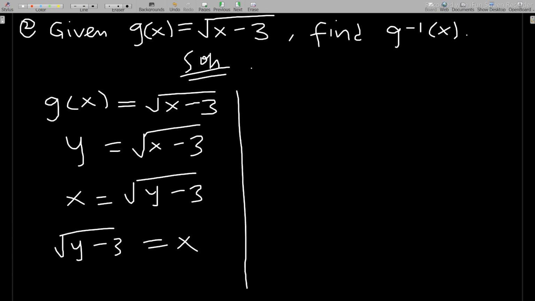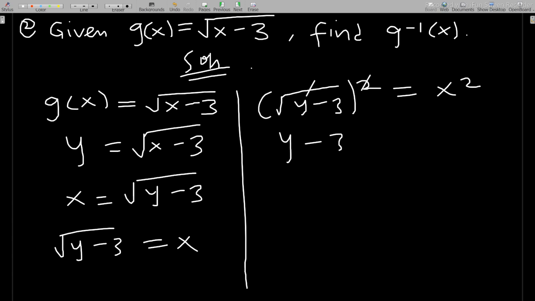All that I have to do to make y the subject is square both sides. When I square both sides, the square root of y minus 3, squared, should equal x squared. So this can cancel that, and I'll have y minus 3 equals x squared. Y equals x squared plus 3.